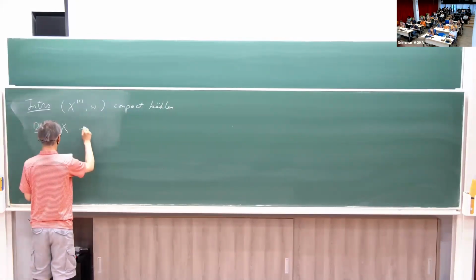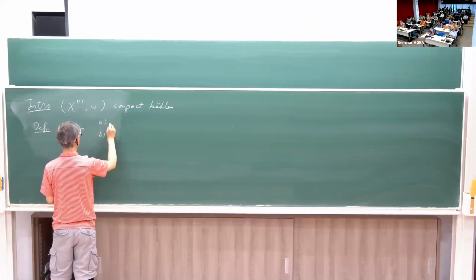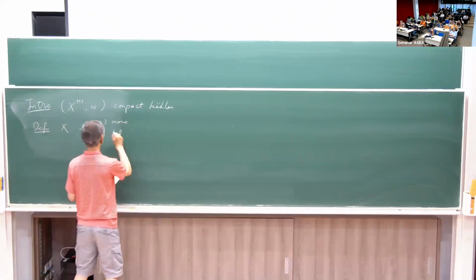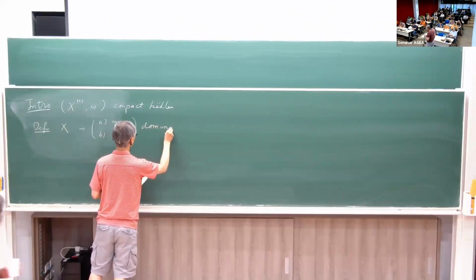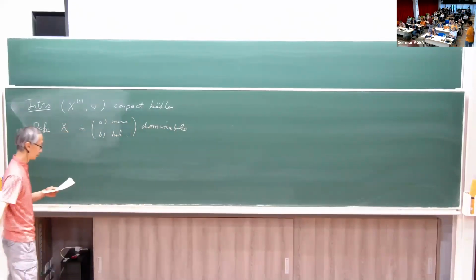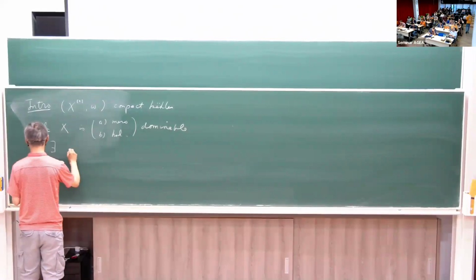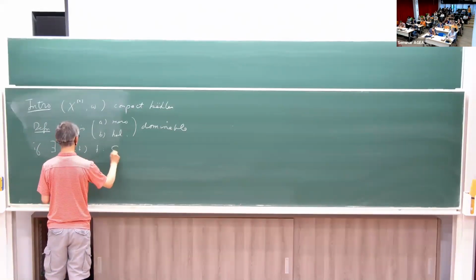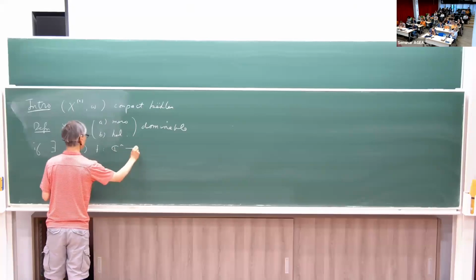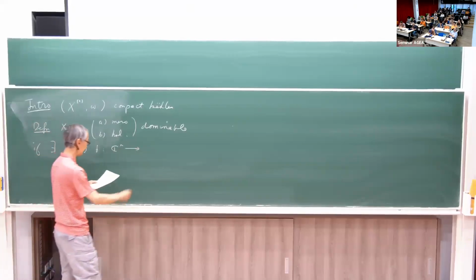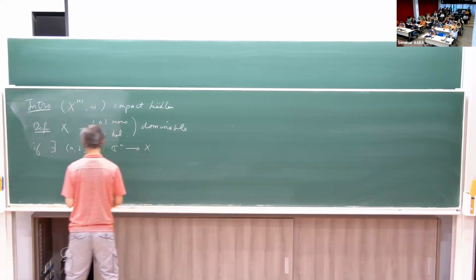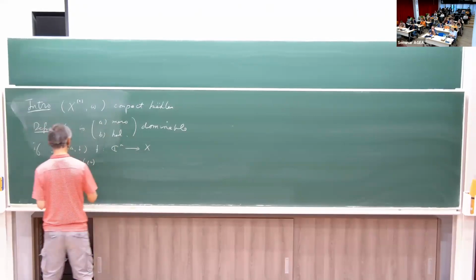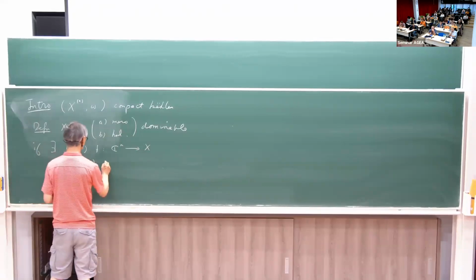Recall that we call X meromorphically or holomorphically dominable, and sometimes I'll just use the word dominable, if there exists either a holomorphic or meromorphic map f from some affine space C^m to X, with the condition that the map is surjective at the origin. The differential is surjective.